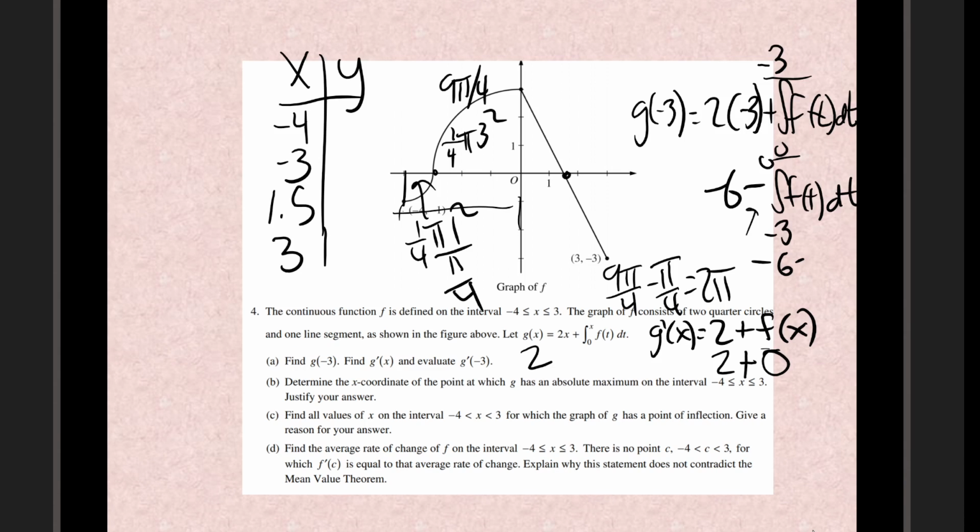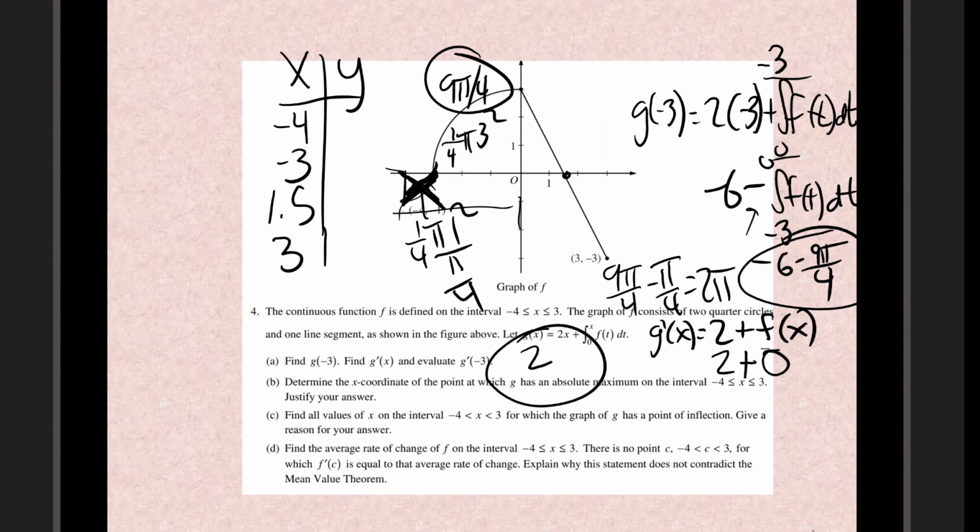So it's the integral from 0 to -3. So we actually don't care about this part for the purposes of that first question, which means all I cared about was this, and it should be minus 9 pi over 4. Thanks, Chelsea. Good catch. Where did the pi over 4 come from?